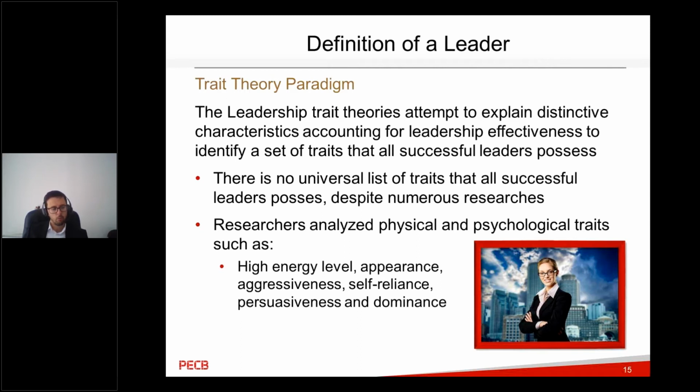But for what it's worth, this trait theory paradigm has helped organizations when they were seeking to promote candidates to leadership positions. So whenever a candidate was deemed to have expressed the specific traits that people in the 60s thought were interrelated with leadership potential, these candidates were given leadership positions.